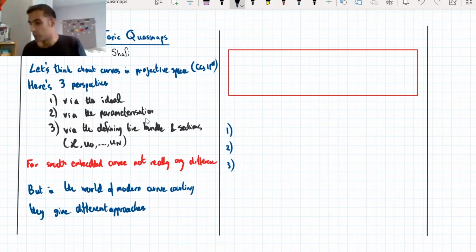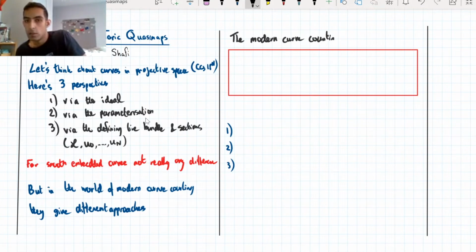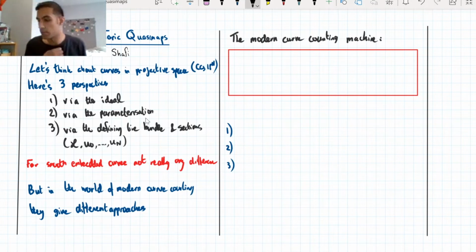So what is the world of modern curve counting? I'm going to tell you what the modern curve counting machine is. How does it work?